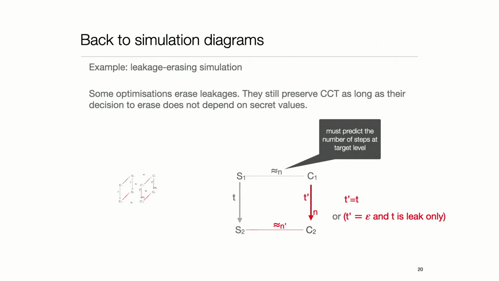Moreover, in order to be able to use a simulation diagram, we must predict the number of steps that will be done at the target level. This means that we have a stronger invariant. We need to modify the invariants that are preserved. We need to do this prediction, compute it, and put it in the invariant. And then what we will prove is the fact that the target program will execute in exactly n steps, this number that we had predicted before.